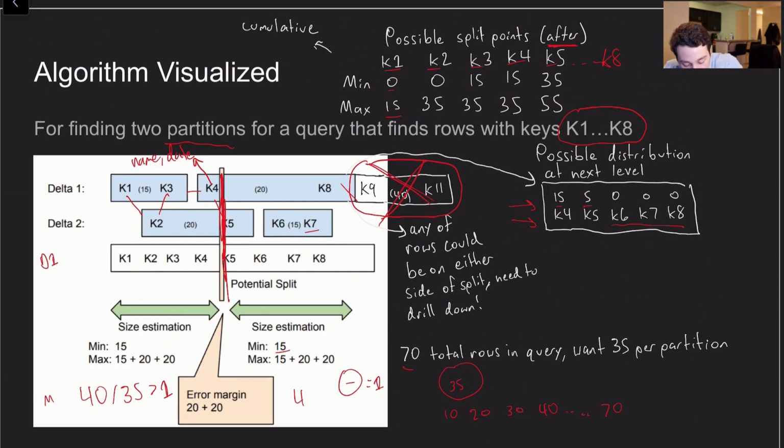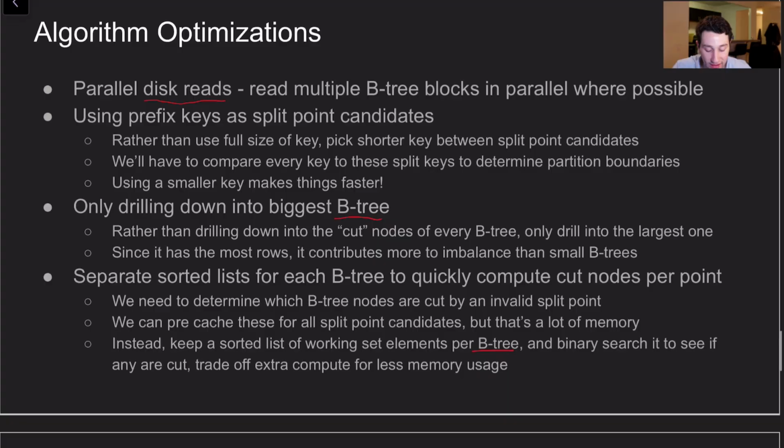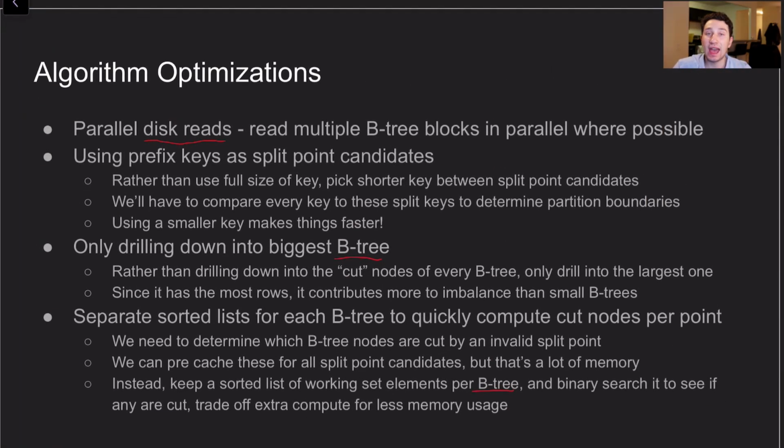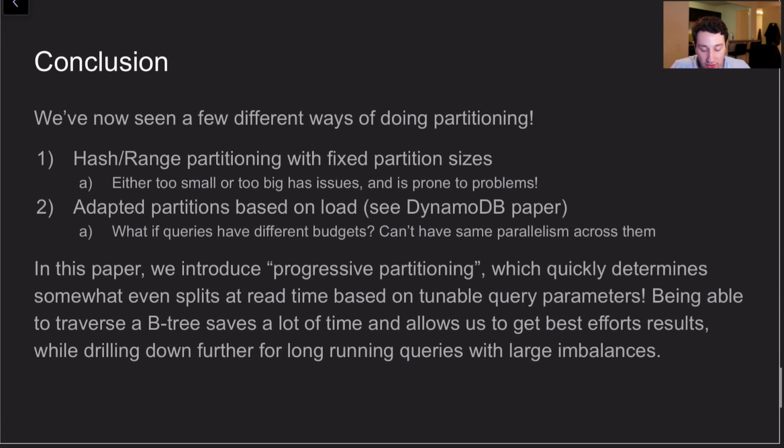So for example, what that means is that for delta 1, that binary search would look like 1, 3, 4, and 8. And so if this split point is, for example, at 4.5, I can do a binary search really quickly and say, oh wait, you know what, I'm clearly cutting 4 to 8. And so you're trading off basically compute with memory footprint there, because that binary search is still relatively fast, but now you don't have to cache nearly as much stuff.